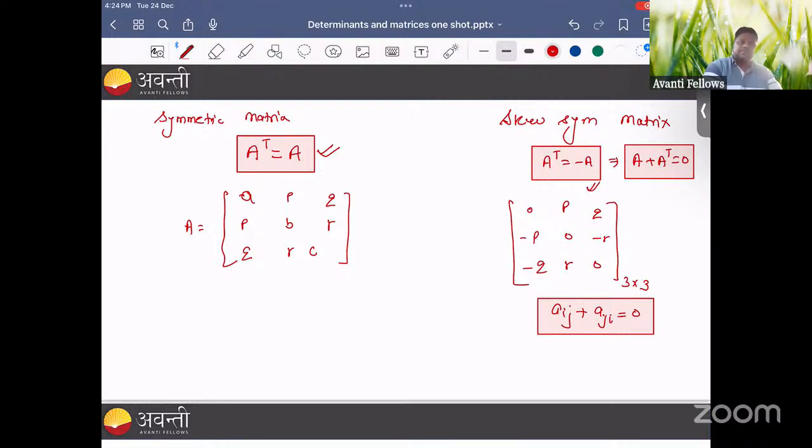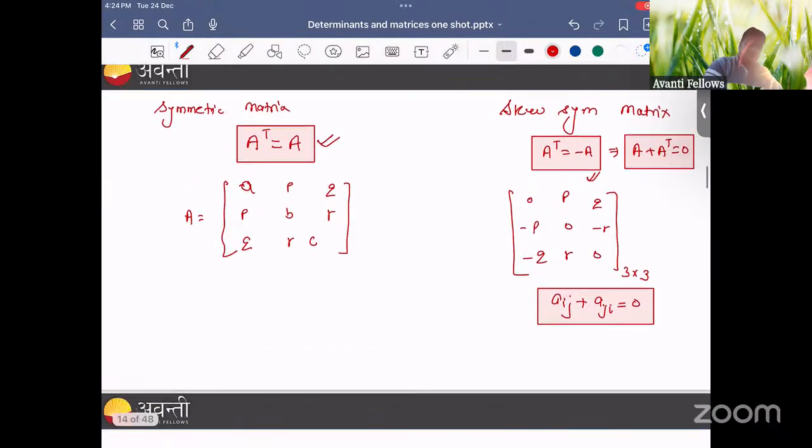Have a look. The value of an odd order skew symmetric matrix is always 0.